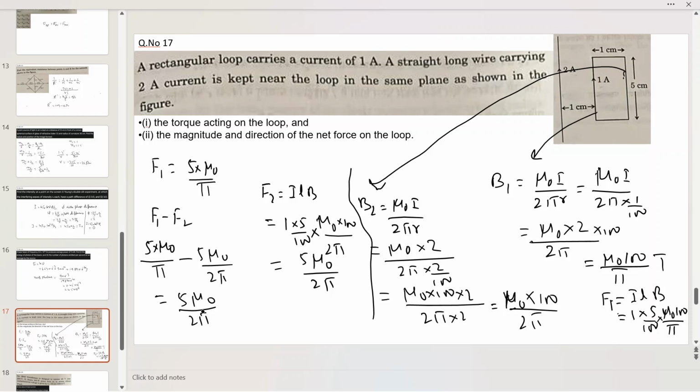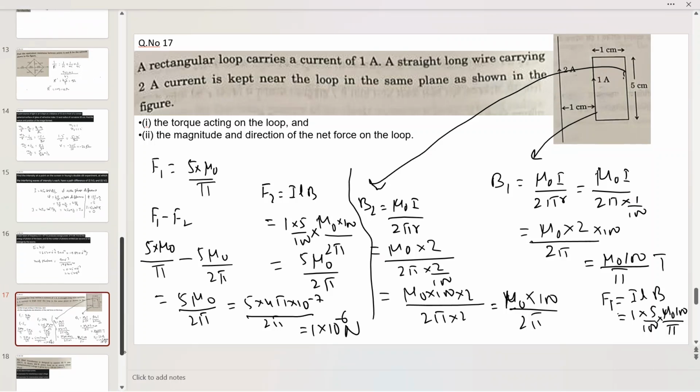Now if you place the value, this will be 5 into 4 pi into 10 to the power of minus 7 by 2 pi. So your result will be, not 1.6, this will be 1 into 10 to the power of minus 6 Newton. This is your net force, and your torque will be 0. Now let me move to the next question.